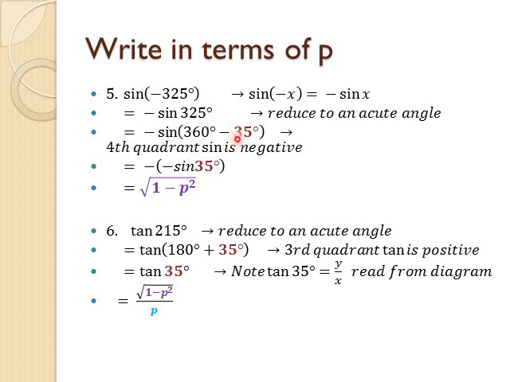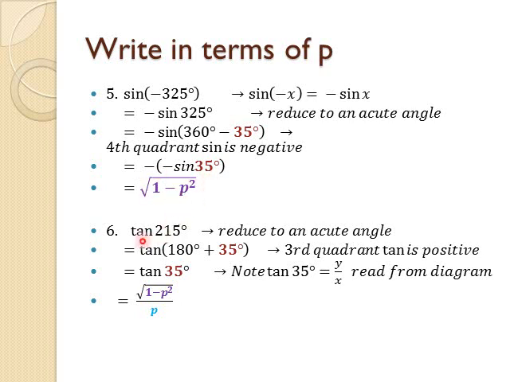The fourth quadrant, sine is negative, so that becomes negative sine 35. Negative times negative becomes positive. Sine 35, y over r, my y value being square root of 1 minus P squared, and r being 1, so anything divided by 1 would stay the same.